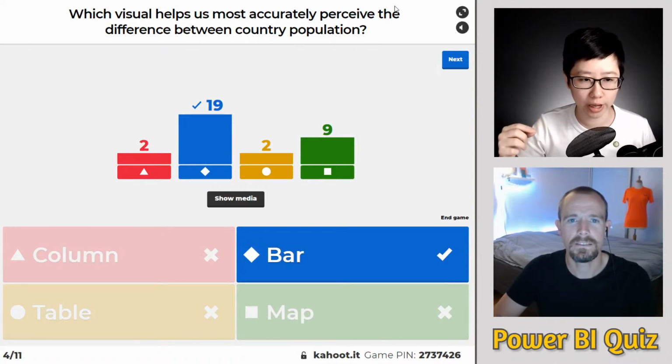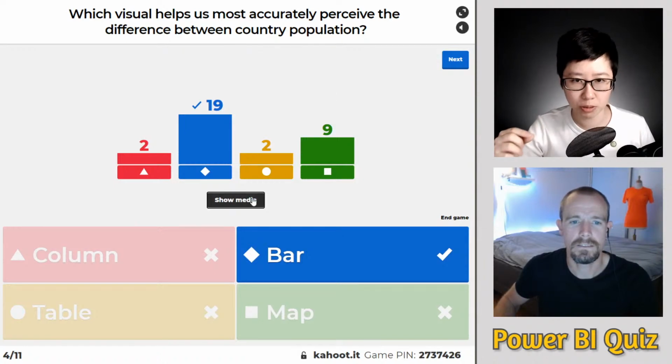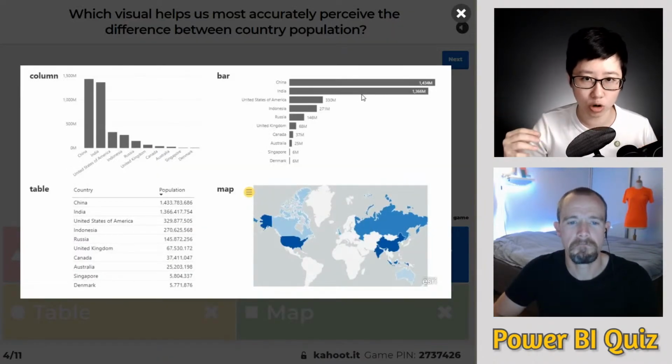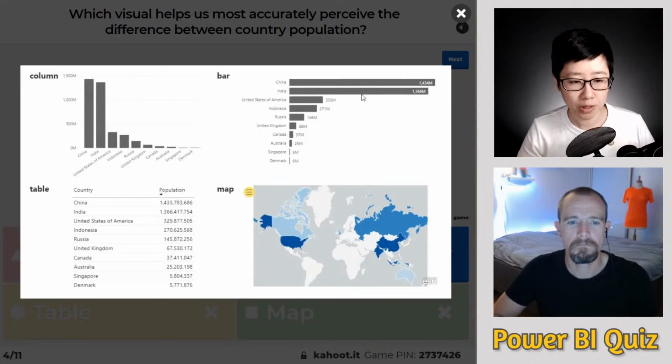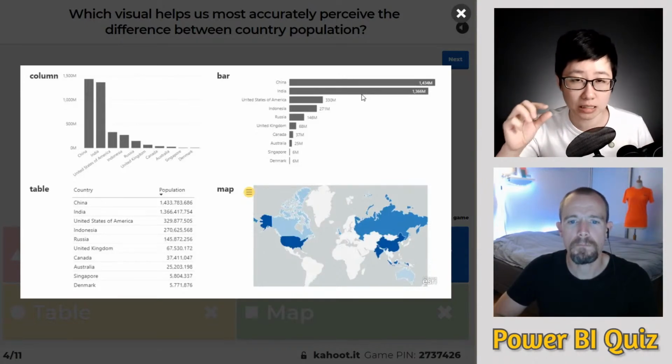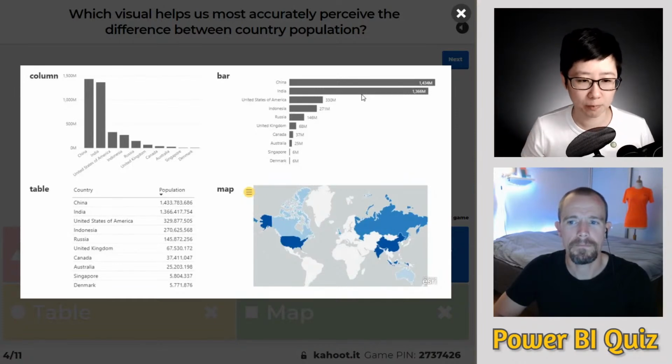So we assume the darker ones would be of a higher number and the lighter ones of a lesser number. But the problem is this. First, the difference in intensity is not so precise compared to length. But the other trouble is that area is coming into play as well, right? Because of all these land masses, all these areas.